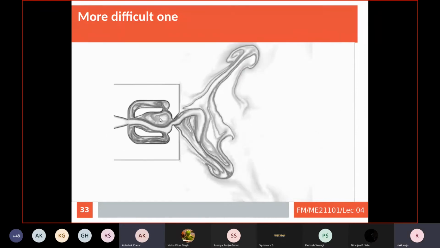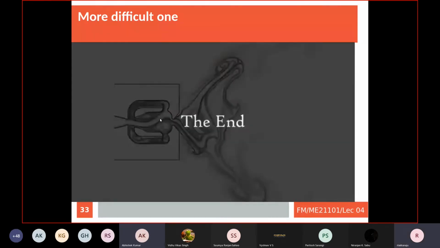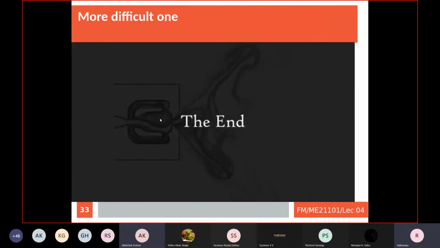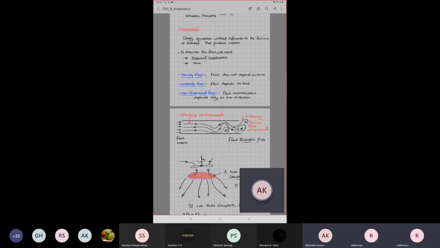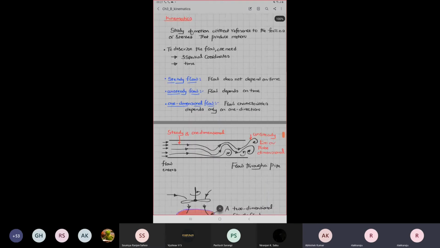So shall we move further into mathematical quantification of this field named kinematics? First of all, let us begin with something named steady flow, unsteady flow, one-dimensional flow, and so on.